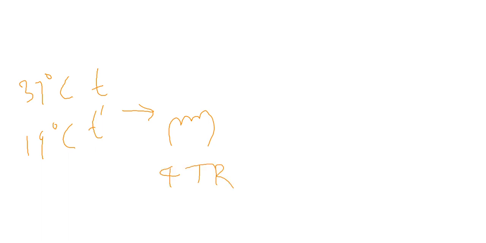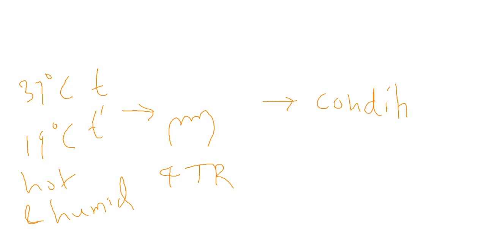This hot and humid air is allowed to pass over this cooling coil so that it becomes conditioned, meaning it becomes cool, its temperature reduces, and its humidity also reduces. So we are interested in knowing what is the temperature of the conditioned air after passing over the coil of capacity 4 TR.